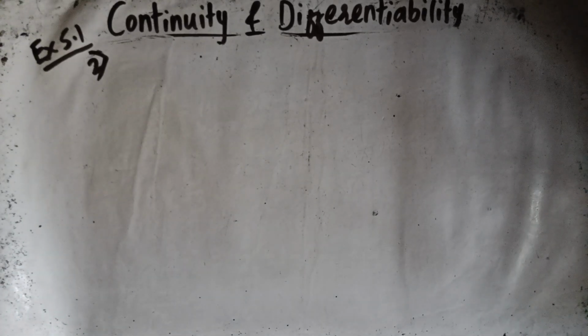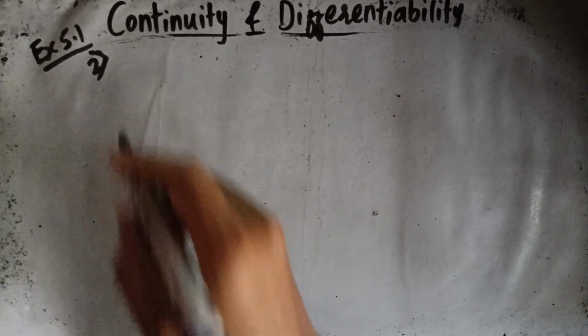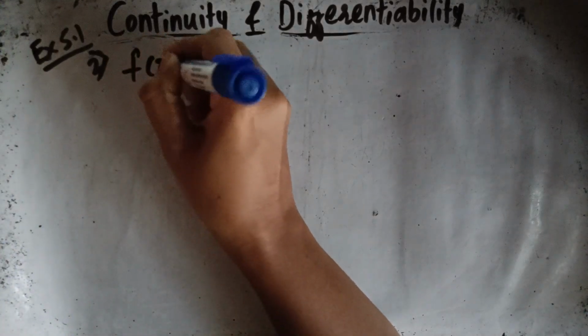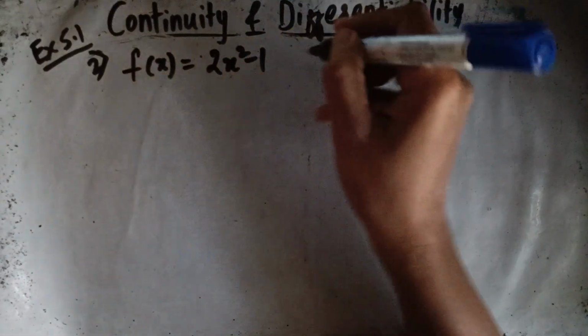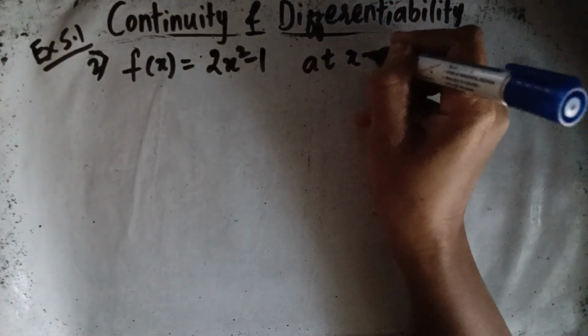Second one: examine the continuity of the function f of x equal to 2x squared minus 1 at x equal to 3.